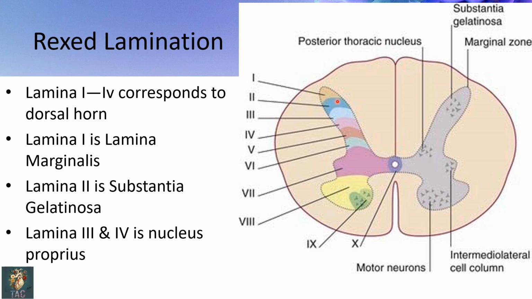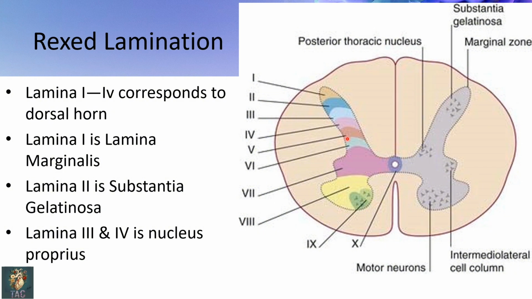Then is lamina 2, which is darker in color and contains many neuronal cell bodies. The neurons over here appear darker, and this is called the substantia gelatinosa. Then laminae 3 and 4 have the nucleus proprius present, and these laminae 1 to 4 correspond to the dorsal horn, and are sensory in nature.